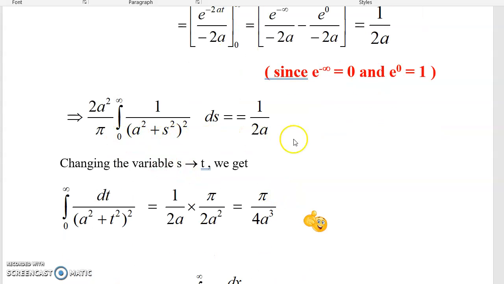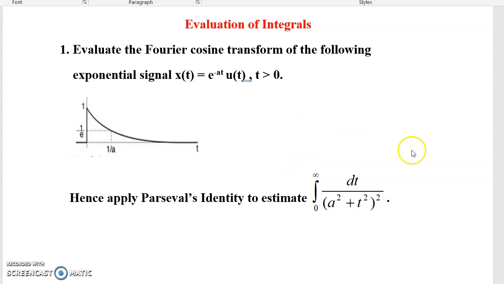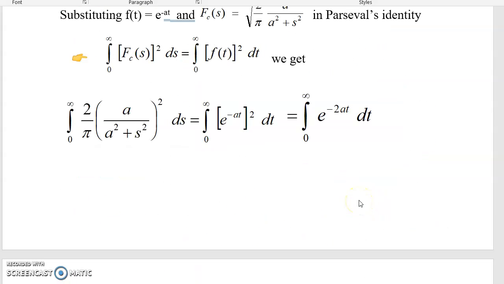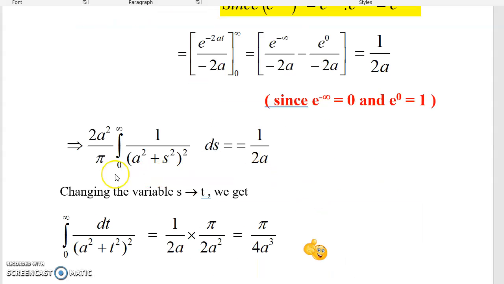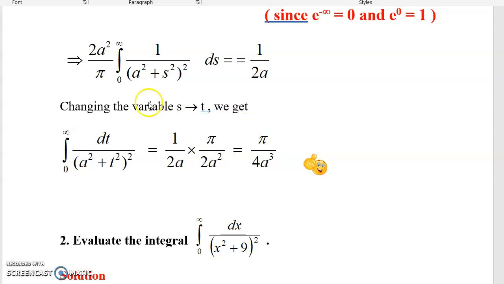Now when you look at the question here, the variable of integration they are using is t, but here we are having it in terms of s. So it's like changing the name of the variable. It's just a name change. So the name of the variable s we are changing to the name t.